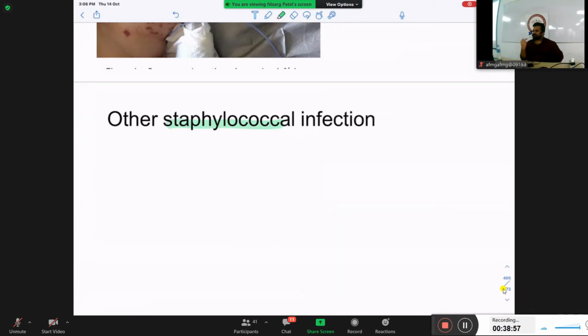Have you heard of toxic shock syndrome? It is also Staphylococcus aureus. Most commonly it is seen in menstruating females, because when the tampons get infected with this bacteria, it releases toxin which causes shock. So they will give you this typical history. The other syndrome we discussed is staphylococcal scalded skin syndrome, right?